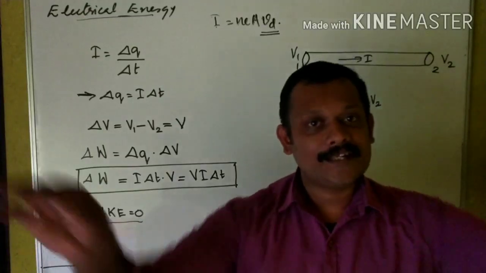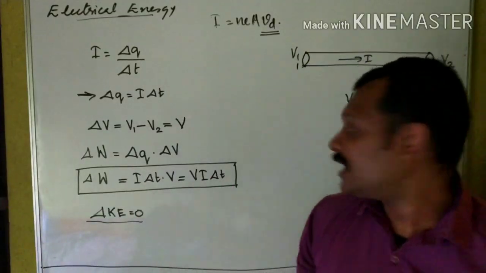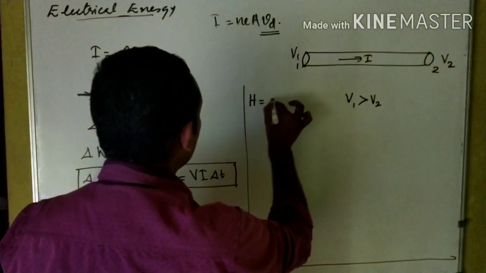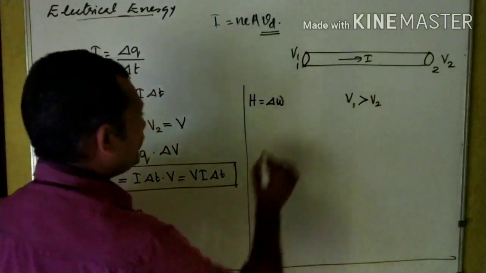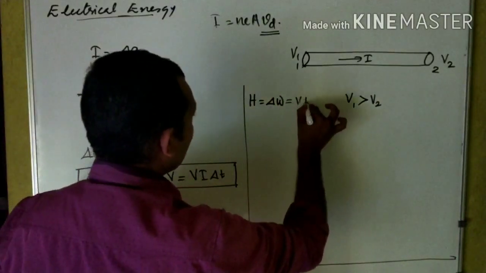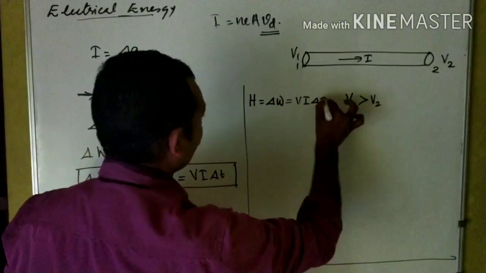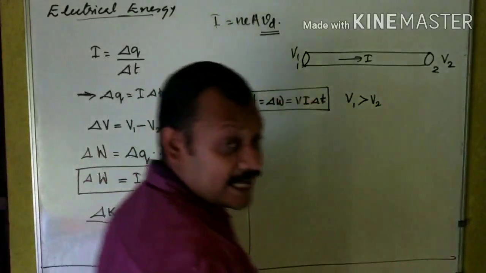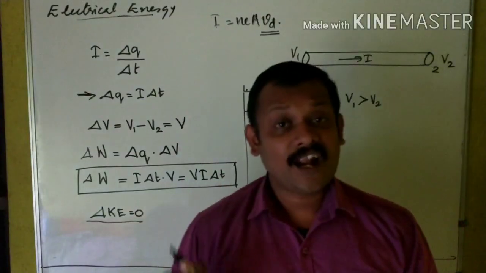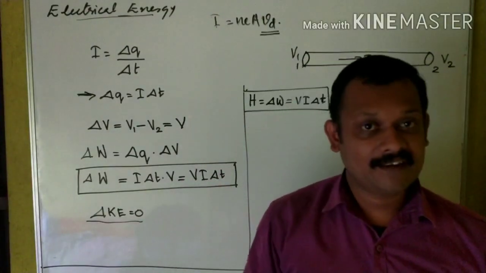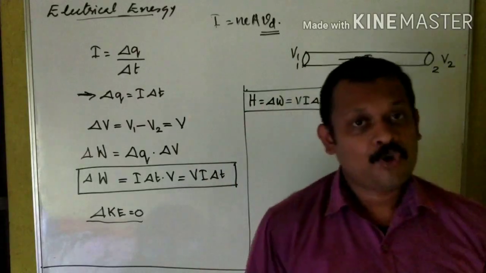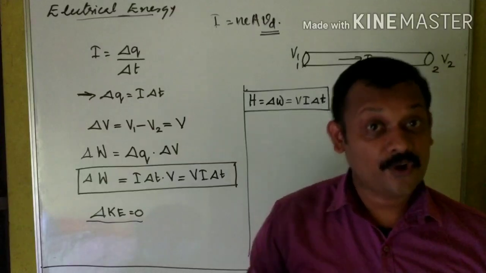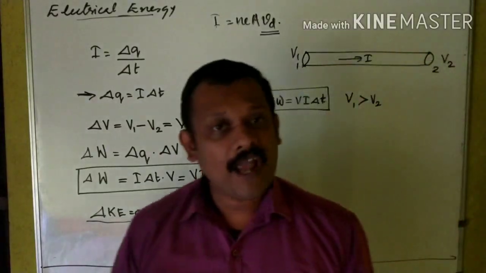So the amount of heat generated is equal to the work done by the external agency, that is VI delta T. This is the amount of heat generated in a conductor when a steady current flows for a time interval delta T, and this is the equation known as Joule's law. So H is equal to VI delta T.